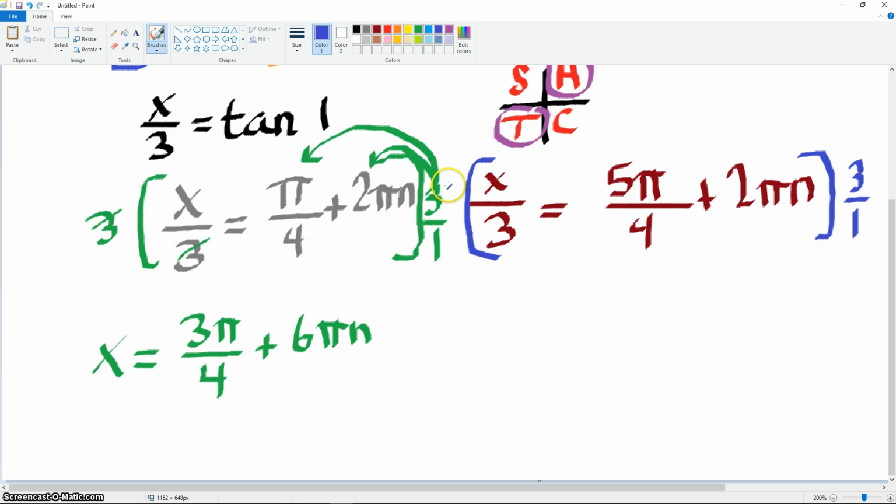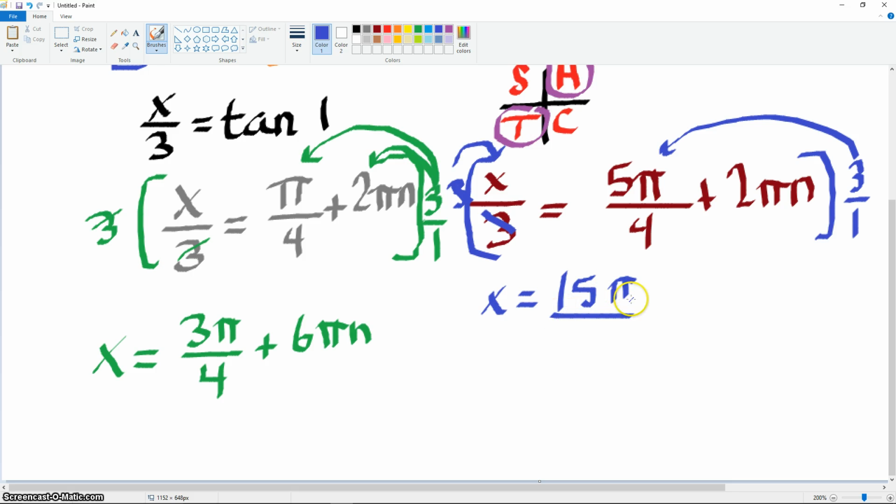The 3's cancel, leaving you with x. Here, if I distribute this in here, top times top is going to give me 15 pi, and then bottom times bottom is going to give me 4. Plus, then I'm going to distribute this here. I get 6 pi n.